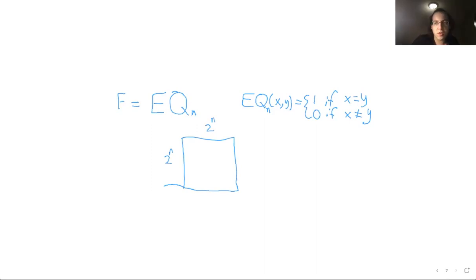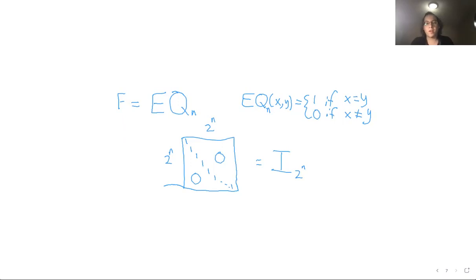So this is a 2 to the n by 2 to the n matrix. And when the row number equals the column number, we put a 1, otherwise we put a 0. So we really have 1s on the diagonal and 0s above and below the diagonal. So this is actually I, the identity matrix of dimension 2 to the n. Okay, so equality on n bits is just I of size 2 to the n. That's the communication matrix of equality.